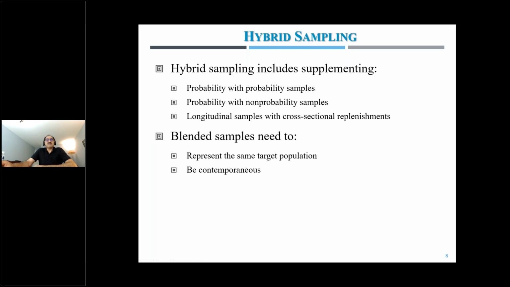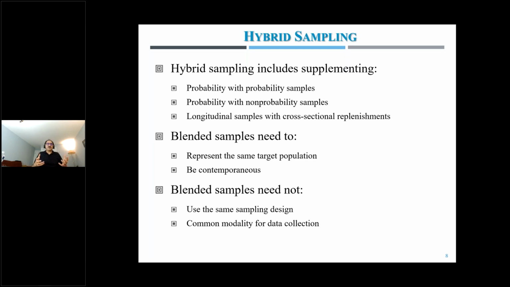When it comes to blended samples, it's important to note that such samples need to be representing the same target population, and they need to be fairly conducted at the same time so that we don't have any temporal lurking effects. However, when you blend samples, they don't need to be based on identical sampling design, nor do they need to rely on a common modality for data collection.